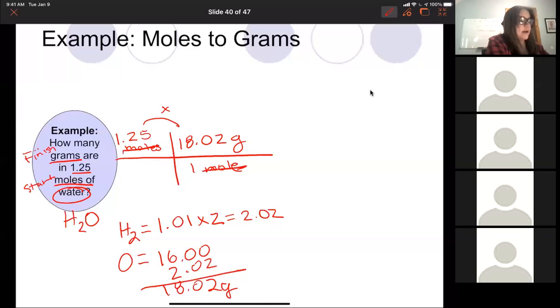What do I do now? I multiply by the top, divide by the bottom.